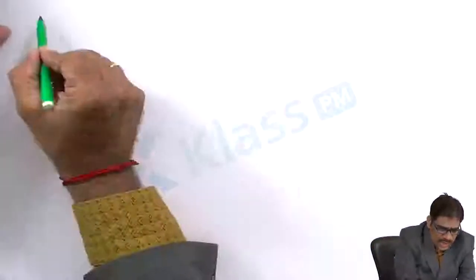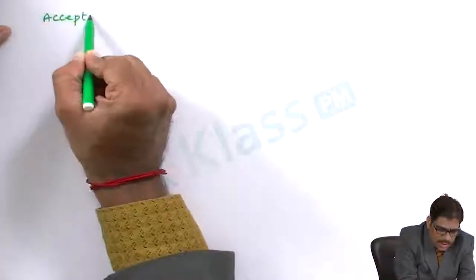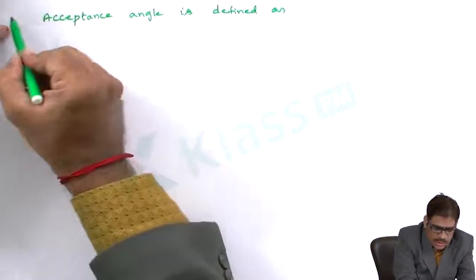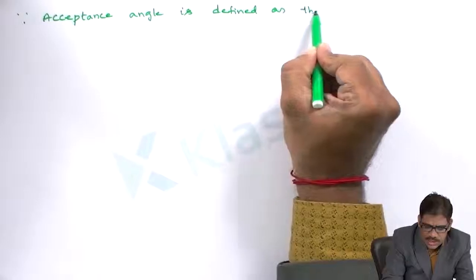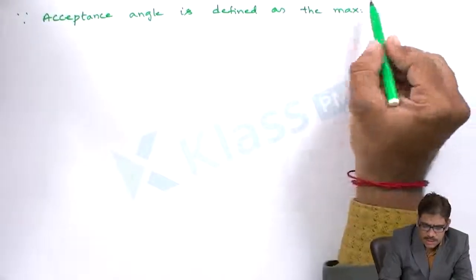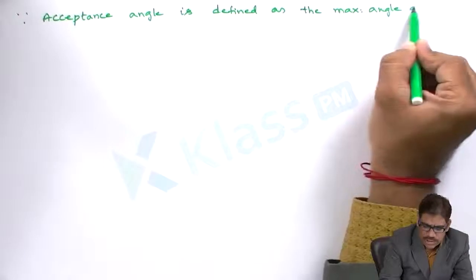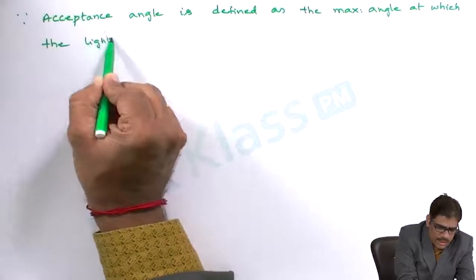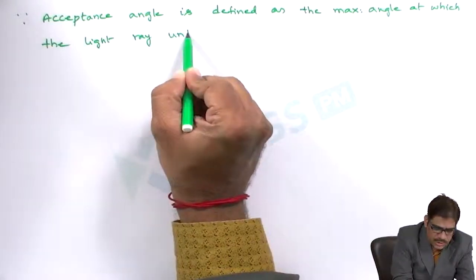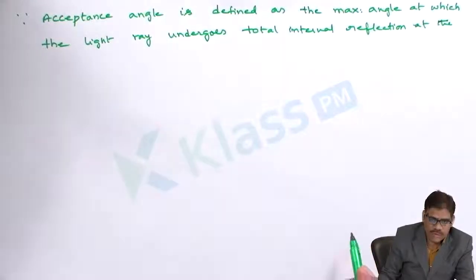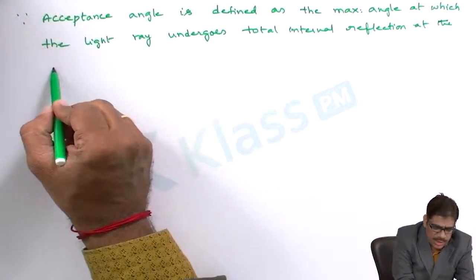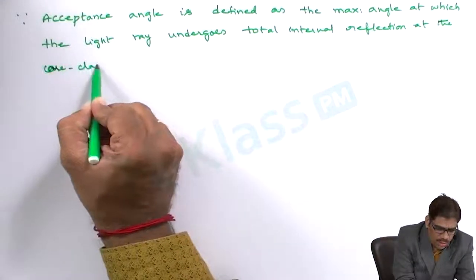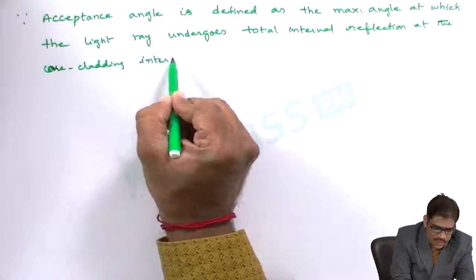So we can say that the acceptance angle is defined as the maximum angle at which the light ray undergoes total internal reflection at the core cladding interface.